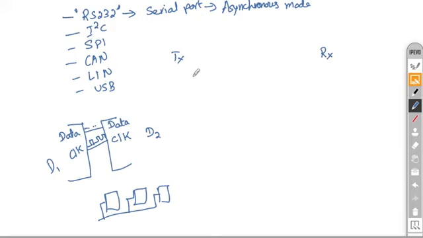When this transmitter wants to transmit data, by default it will be in a high logic. It will be maintained at logic 1, or 5 volts.